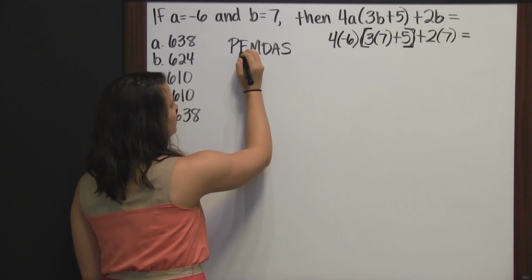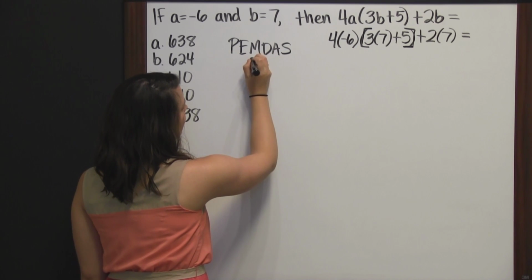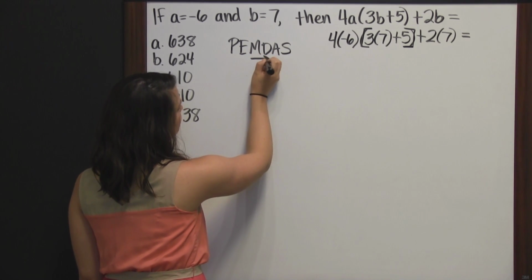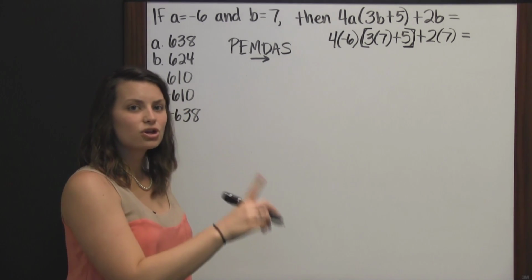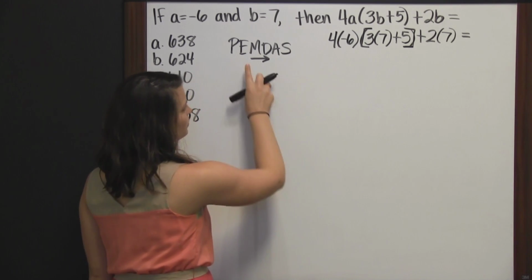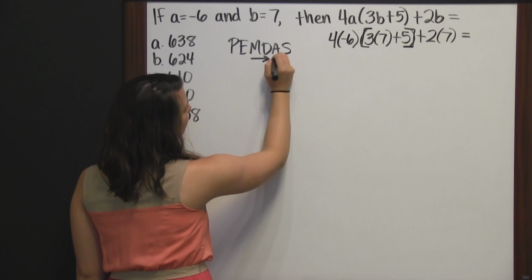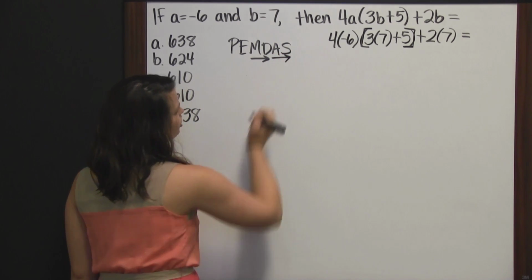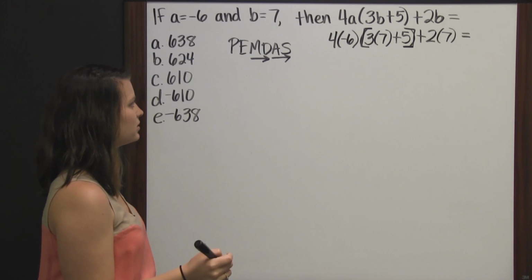Then we would simplify any terms with exponents next, followed by simplifying our multiplication and division operations from left to right in our expression. So just whichever one occurs first in our expression from left to right. And finally, we would simplify our addition and subtraction operations, also from left to right.